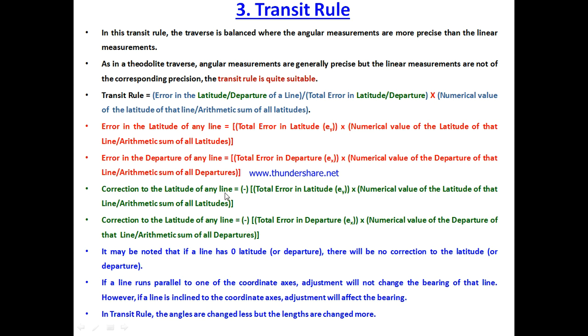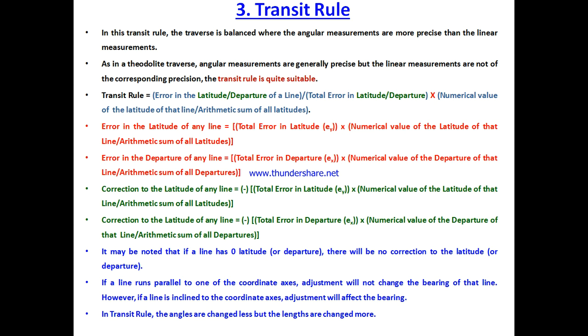Now the very important point which we need to understand is that in the case of transit rule, if we are finding a line having 0 latitude or parallel to any of the coordinate axis, then we are not going to have any correction either to the latitude or to the departure. It means if a line is run parallel to any of the coordinate axis, either x-axis or y-axis, then no adjustment will change the bearing of the line.